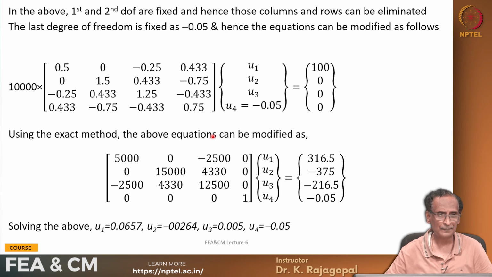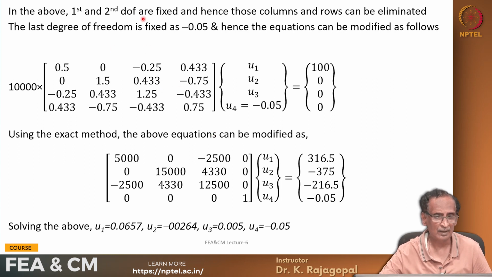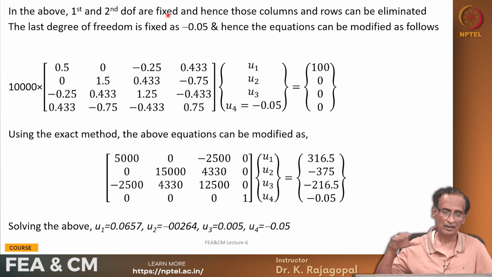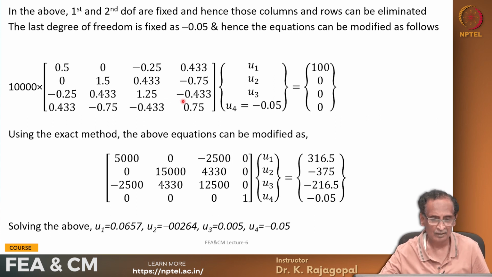Then out of this, the first and second degrees of freedom are fixed. So we can delete the first row, second row, first column, second column, and keep the sixth row, because we need that to apply a displacement of minus 0.05.